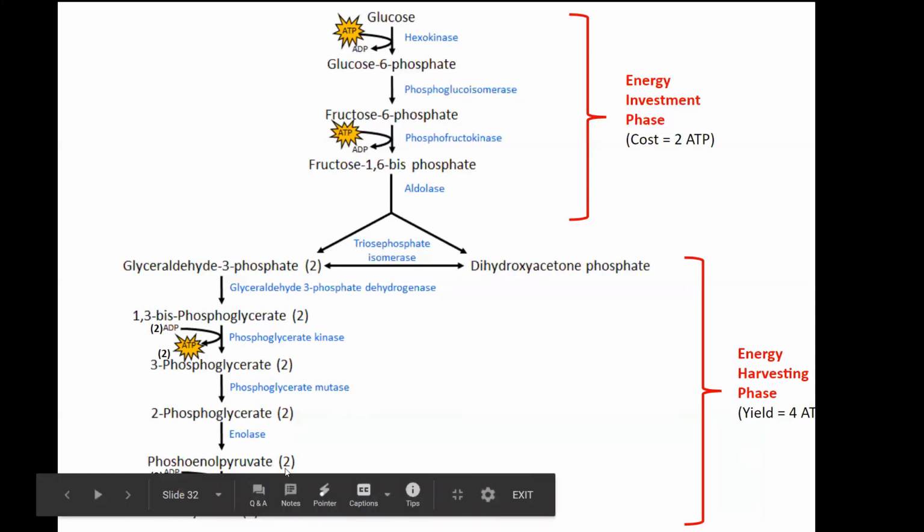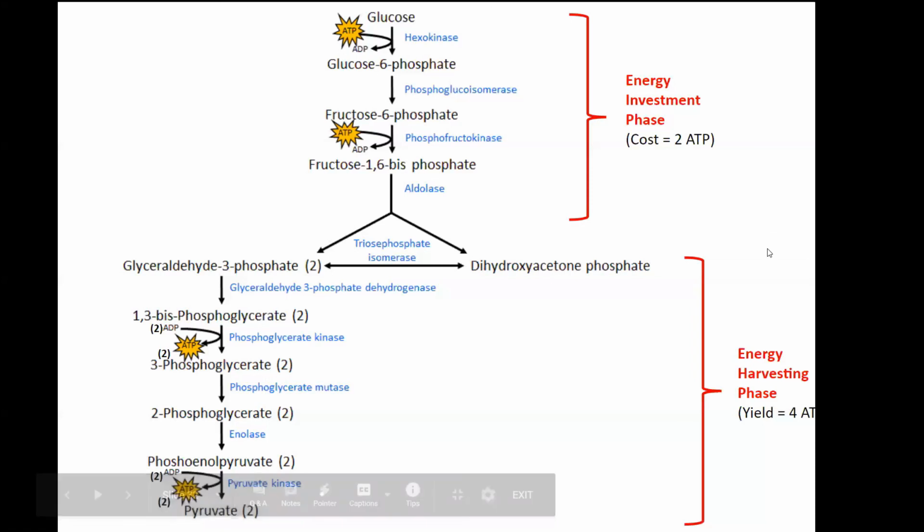Here at the end, we use another kinase to make more ATP. That goes back to understanding tacking on phosphate groups, right? We talked about that when we were talking about covalent regulation of enzymes. This is also how we're making the ATP using a kinase. So this is substrate level phosphorylation. Substrate level, we're thinking about enzymes.